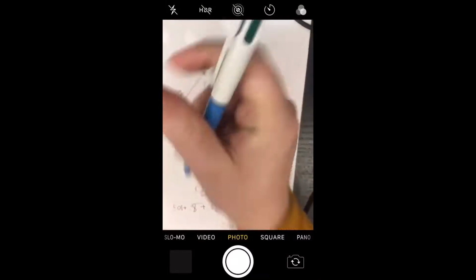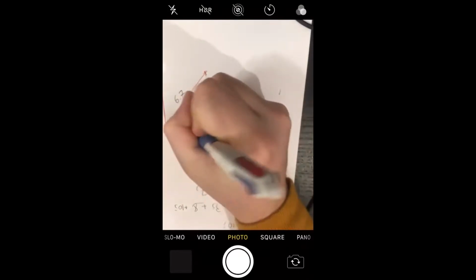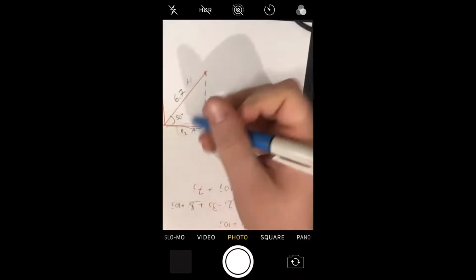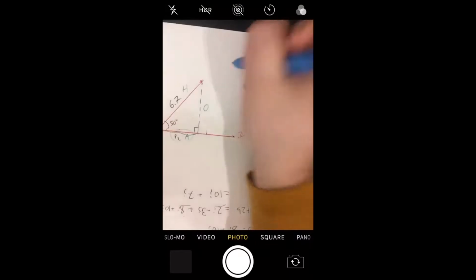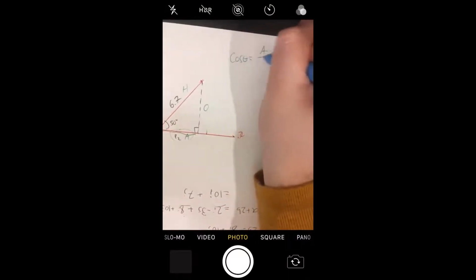Let's do this together. Let's work it out. We've got the opposite side here, the adjacent side here, and the hypotenuse. We want to know P_x, so we're going to use A. Therefore, cosine theta equals adjacent over hypotenuse.